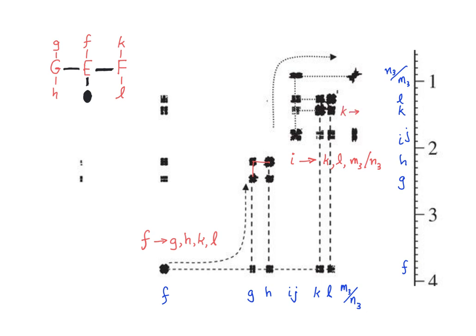K is correlated with protons F, I, and L. Proton L is correlated with protons F, I, and K. And then we see that the M3N3 cluster is correlated with I. We know that proton I is bonded to carbon H. Therefore, carbon H is bonded to carbon F.